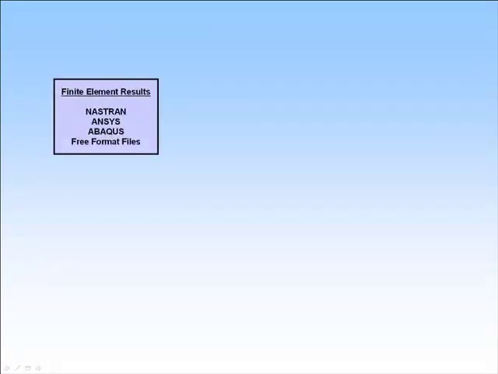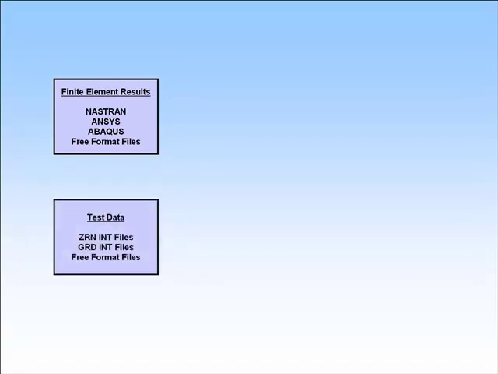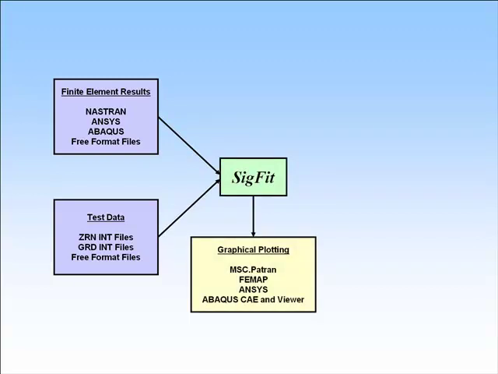Descriptions of disturbed optics may be provided to SigFit via finite element analysis results from Nastran, ANSYS, Abaqus, or free format files written by user-supplied software. Input to SigFit may also come from test data in the form of Zernike int files, grid int files, or free format files. Such data is processed by SigFit so that it may be plotted in software such as MSC Patran, FEMAP, ANSYS, and Abaqus.